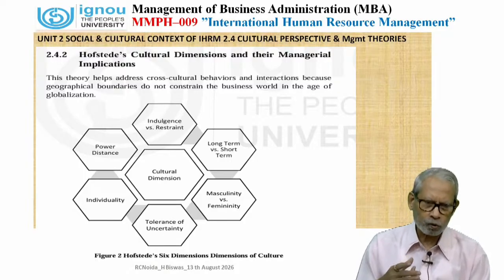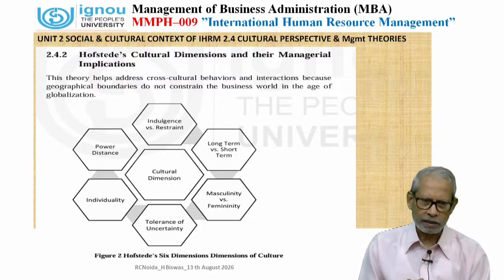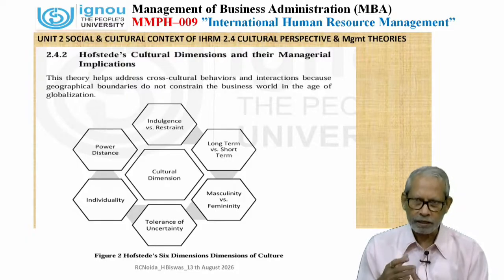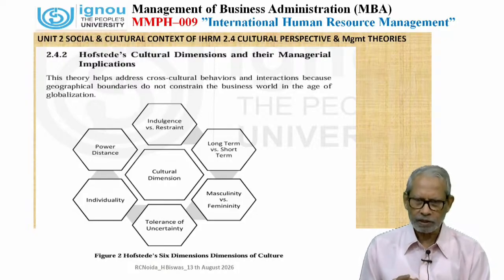Then you have to show these cultural dimensions, what the cultural dimensions are. Then power distance, indulgence and restraint, then long term and short term, then masculinity and femininity, then uncertainty avoidance and individualism. So these all are in cross-culture behavior patterns.